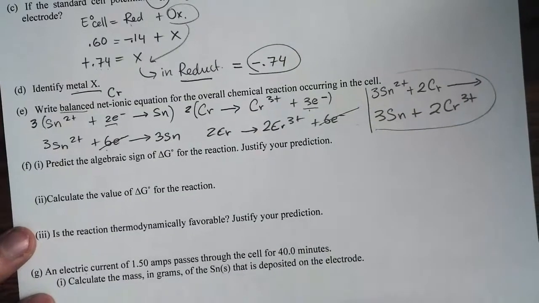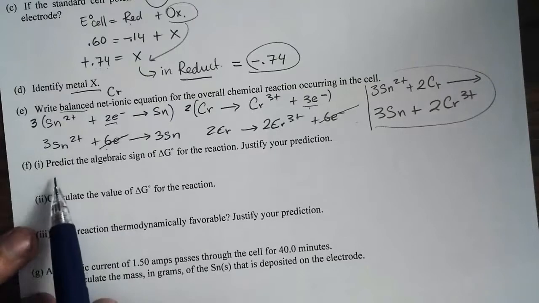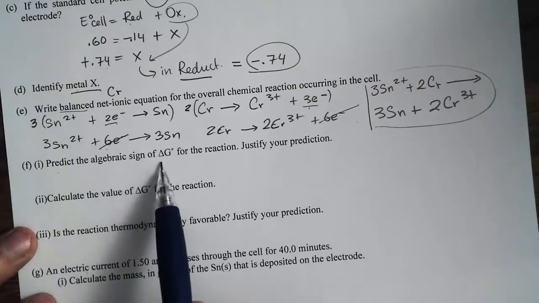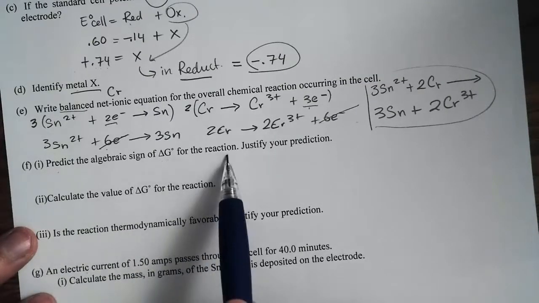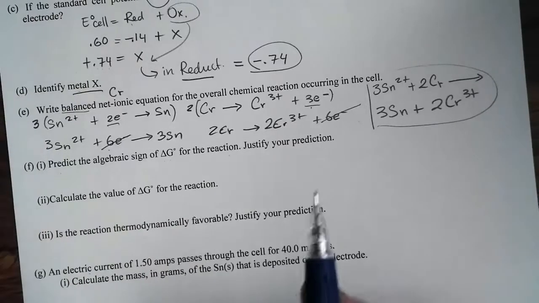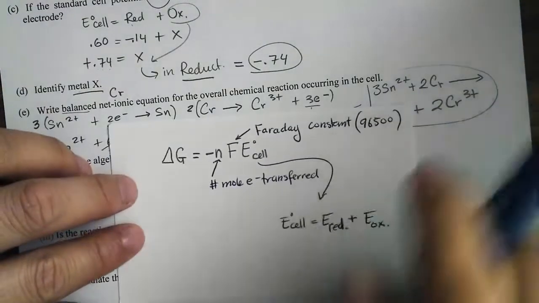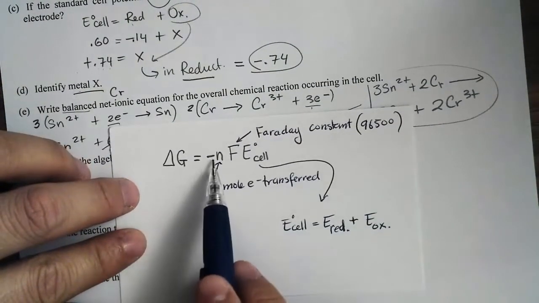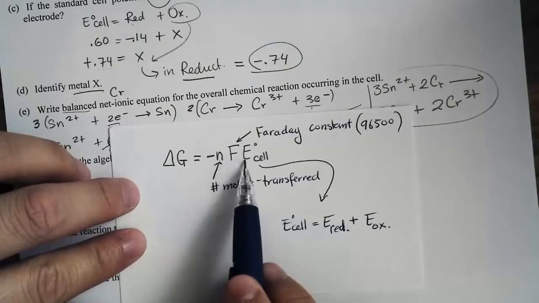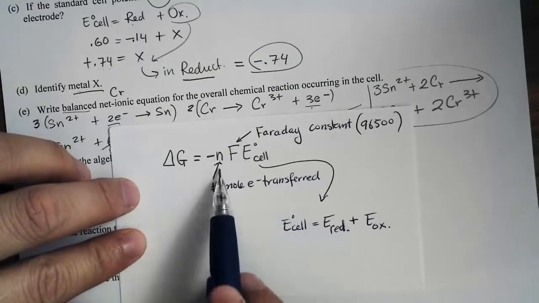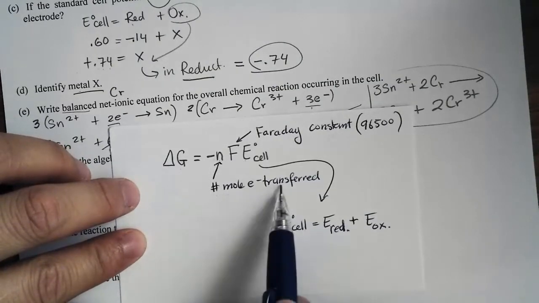And what's the next question? The next question is, predict the sign of delta G for the reaction and justify your prediction. If we do that problem, we have to realize what delta G is equal to. We know that delta G is equal to negative N F times E cell. And what's N? N is the number of moles of electrons being transferred.